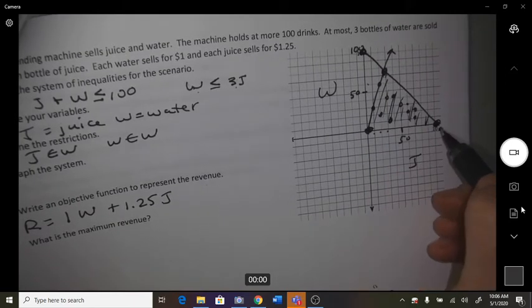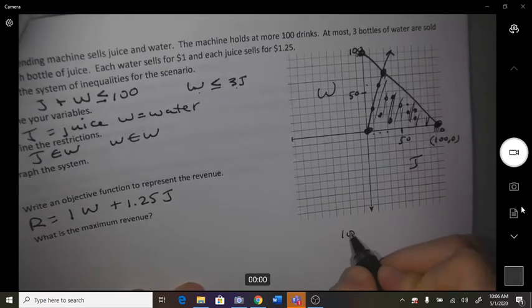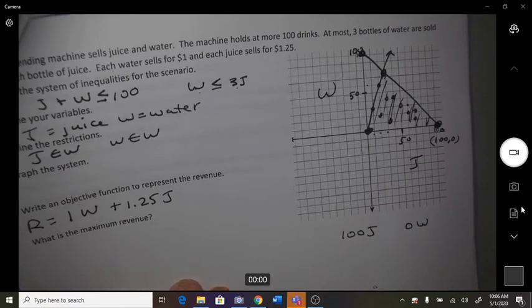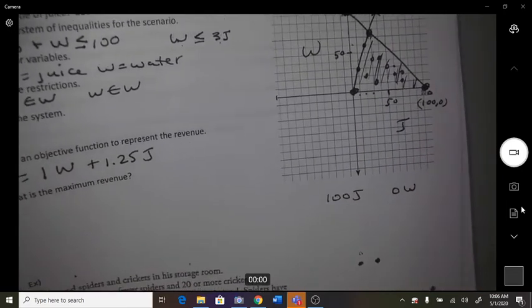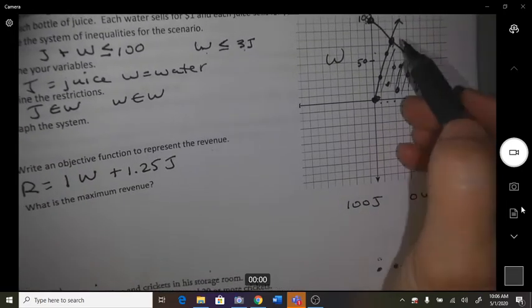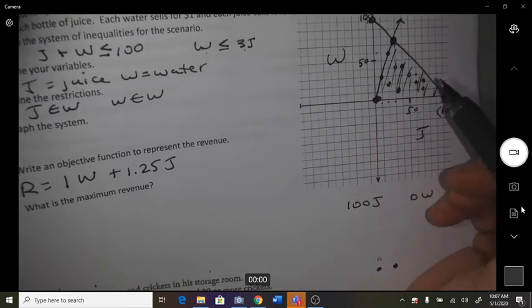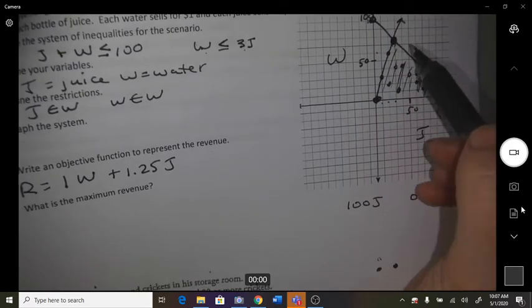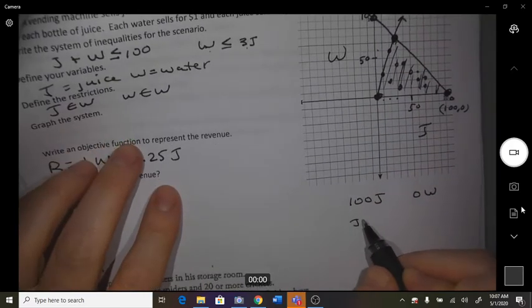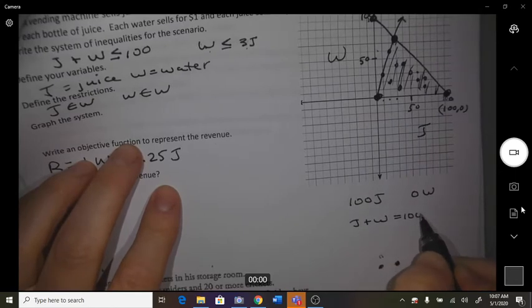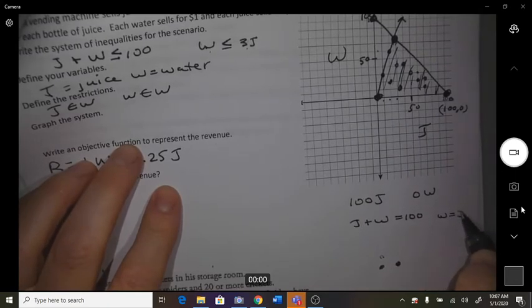So this point right here is 100, 0. So 100 juice, 0 water. Okay, and this point here, we're going to have to figure it out. So where does this line intersect that line? So I'm just going to do it as an equal sign.